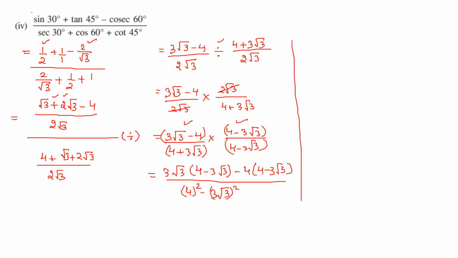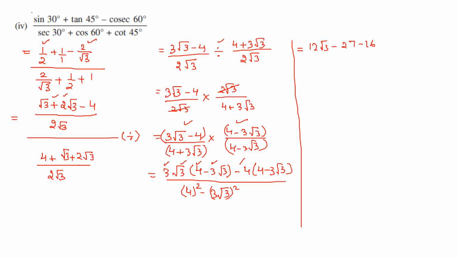Now next, in the numerator, multiply 3 root 3 with 4. So 3 into 4, 12. 12 root 3 minus 3 root 3 into 3 root 3. So 3 into 3 will give me 9, and root 3 into root 3 is 3. So 9 into 3, 27. Now minus 4 into 4 is minus 16, and minus 4 into minus 3 root 3.